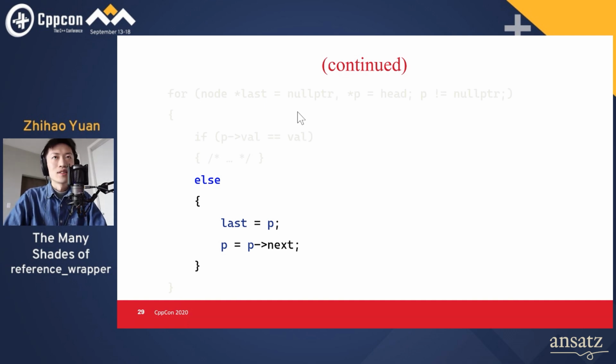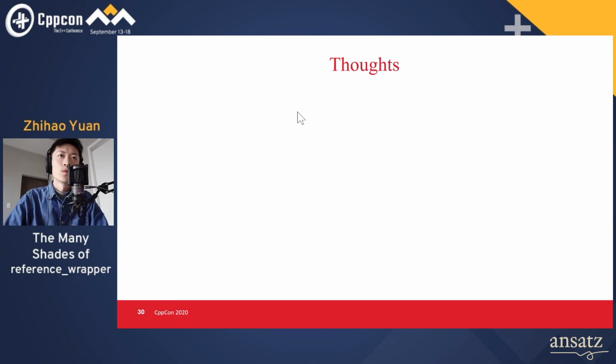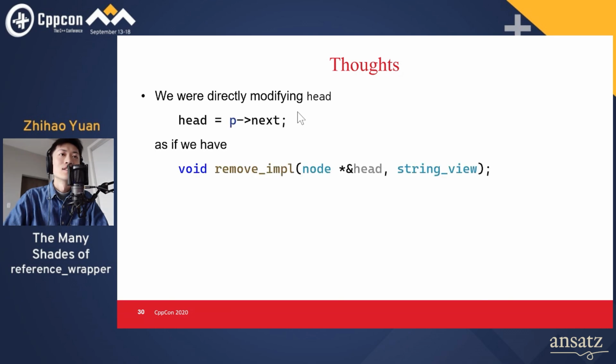So this is a rather naive algorithm. Is there anything we can do to simplify it using the things learned today? Here are some thoughts. We will directly modify head as if we have an lvalue reference that points to the head, right?